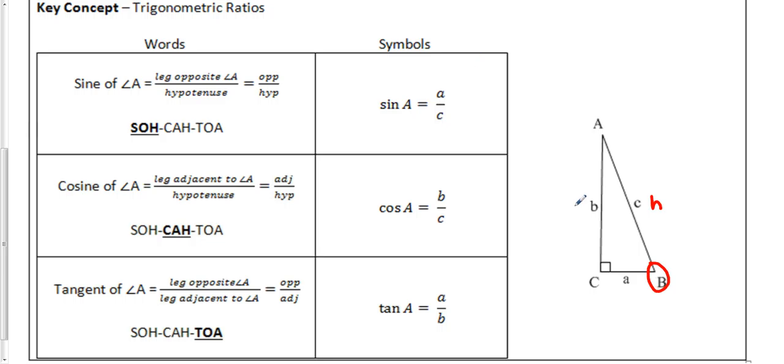Our opposite would be over here, our adjacent would be over here. So if we're looking from angle A, this is opposite, this is adjacent. If we're looking from angle B, this is opposite, this is adjacent. It all depends on what you're looking for, but this is how we would find those ratios. We would just use one side over another.